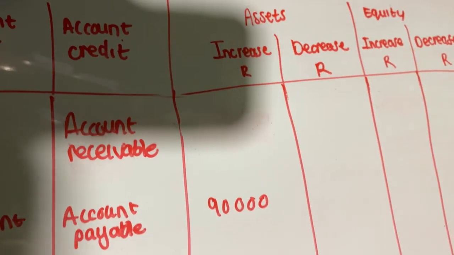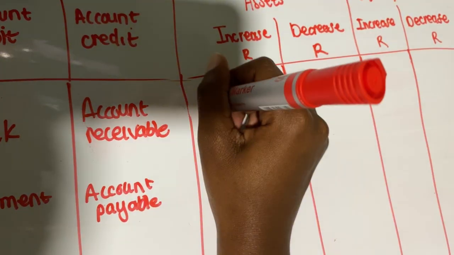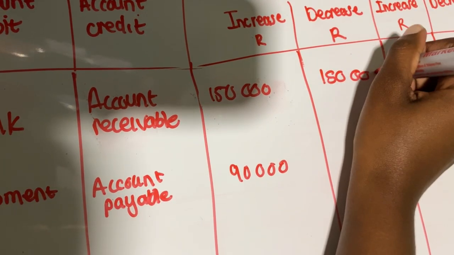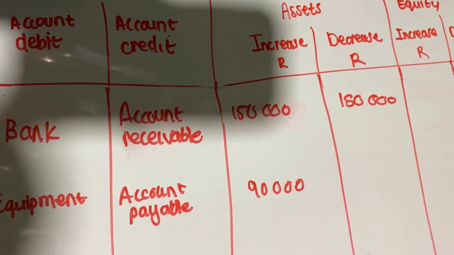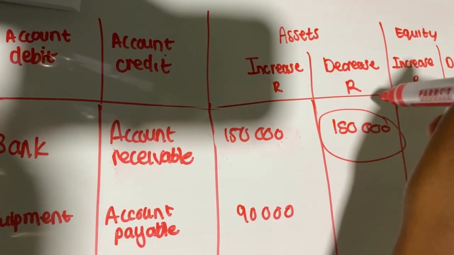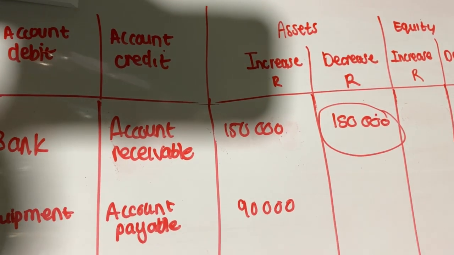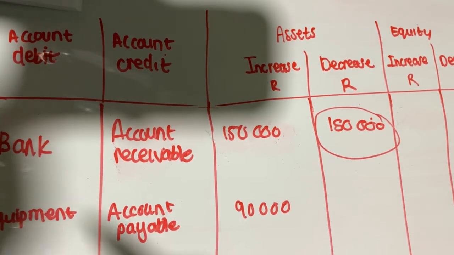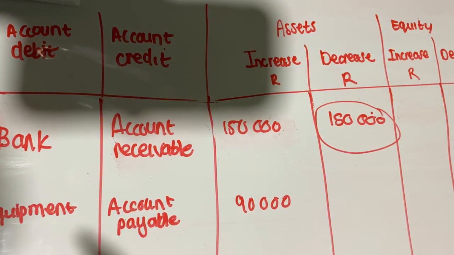And then asset is going to increase by 150,000 while it also decreases by 150,000. Remember, our account receivables are a current asset and they're decreasing now. So that's why we say that asset is gonna decrease by 150,000 while the asset also increases by 150,000 because the bank account now increases.